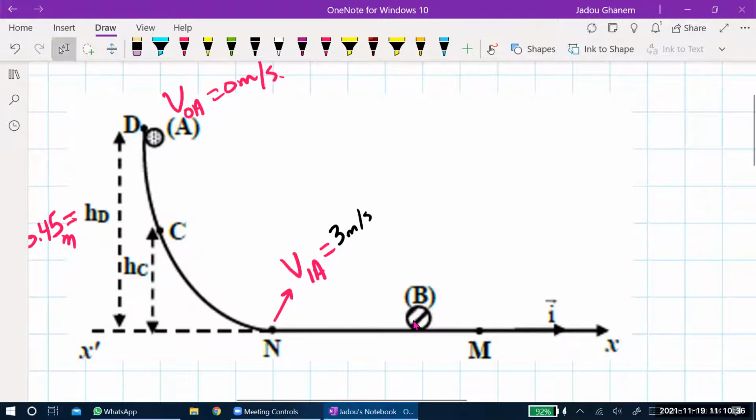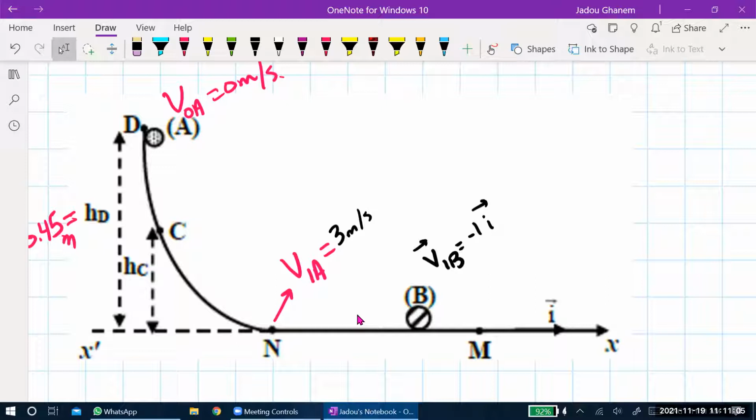Another object B, which is shown here, also considered a particle, and the mass of B is 4 kilograms. It's twice the mass of A, and moves along the horizontal path from M towards N. So B is moving backwards with a speed of minus 1i. So V1B equals minus 1i.